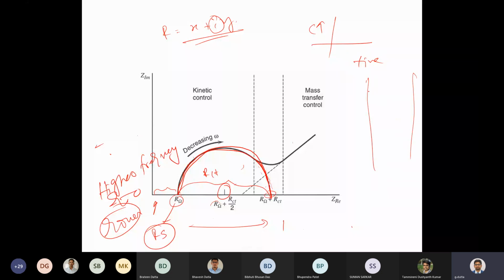You have to choose which range you are applying, some frequency from higher to lower frequency. One day I will invite you. If you are at IIT Kharagpur, if you are not a final year student who is leaving, please contact me while you are here. I will show you all the techniques on the instrument.